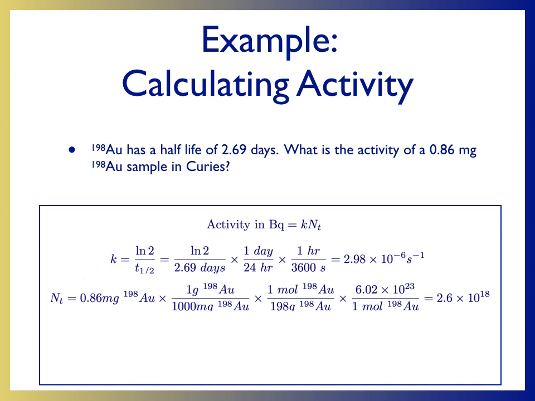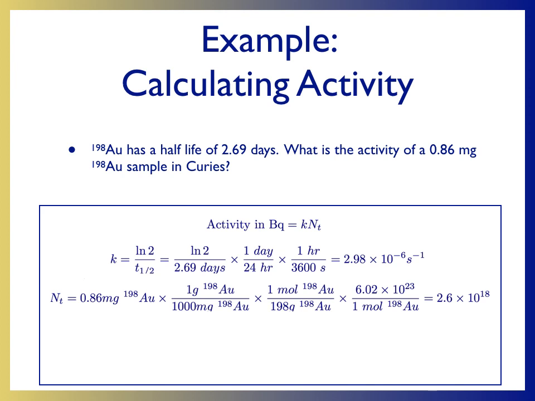One thing to note when doing these sorts of mole calculations with radioactive isotopes: the molar mass of our radioactive isotope will just equal the mass number. Therefore, 1 mole of gold-198 is equivalent to 198 grams of the sample.